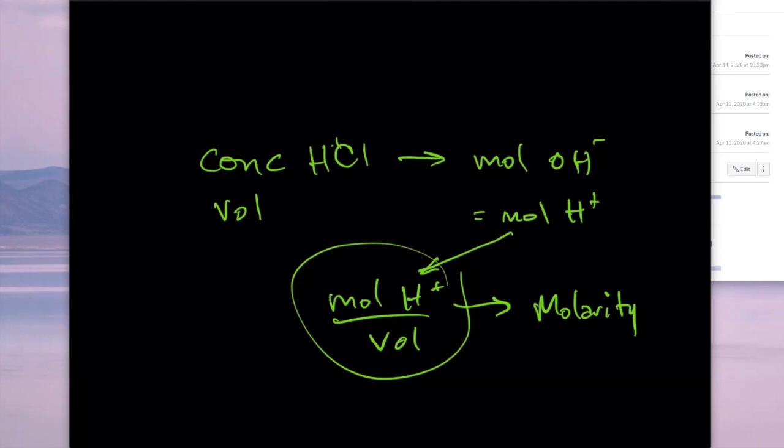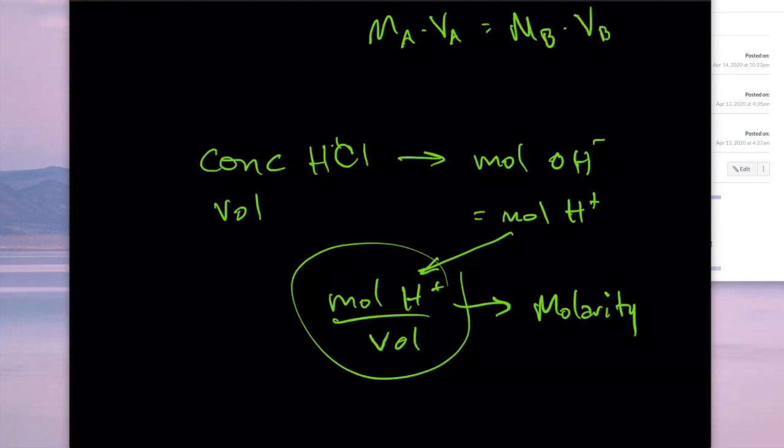So that's the first part. You should know how to do this because this is stoichiometry. If you don't, please review your stoichiometry. Generally, you can solve these types of problems as molarity of the acid times the volume of the acid equals molarity of the base times the volume of the base.